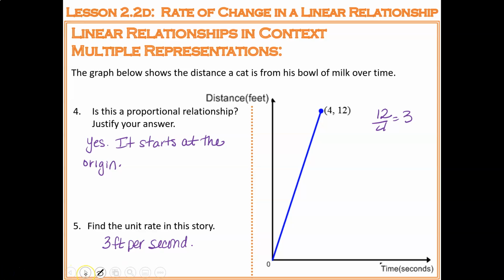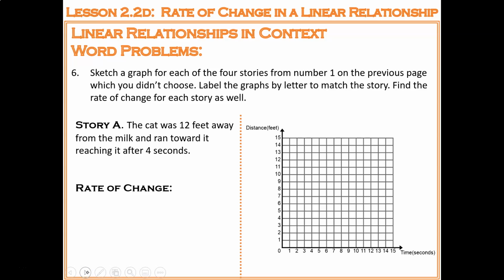Let's move on to number 6. Okay, so what this wants us to do is a graph for the ones that we didn't use, the scenarios about the cat that we didn't use. So let's start with A. So make sure you label your first one, story A, so that we know what we're talking about.